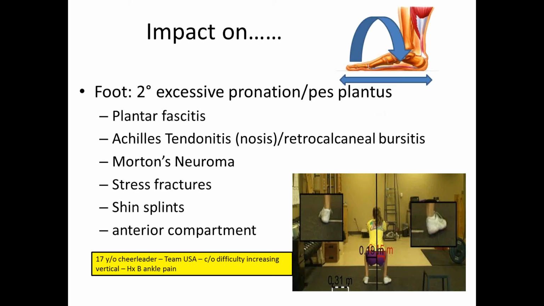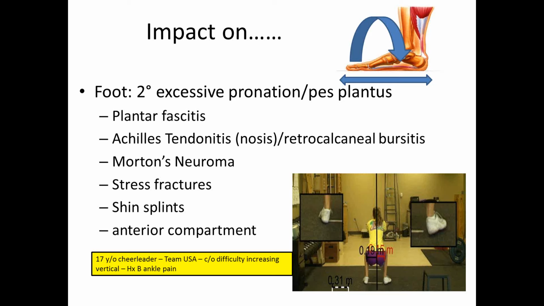So let's first look at the foot. When viewing these pathokinematics and looking at this particular athlete, we can definitely see how this can add to plantar fasciitis, Achilles tendonitis, Morton's neuromas, stress fractures, shin splints, and compartment syndrome.